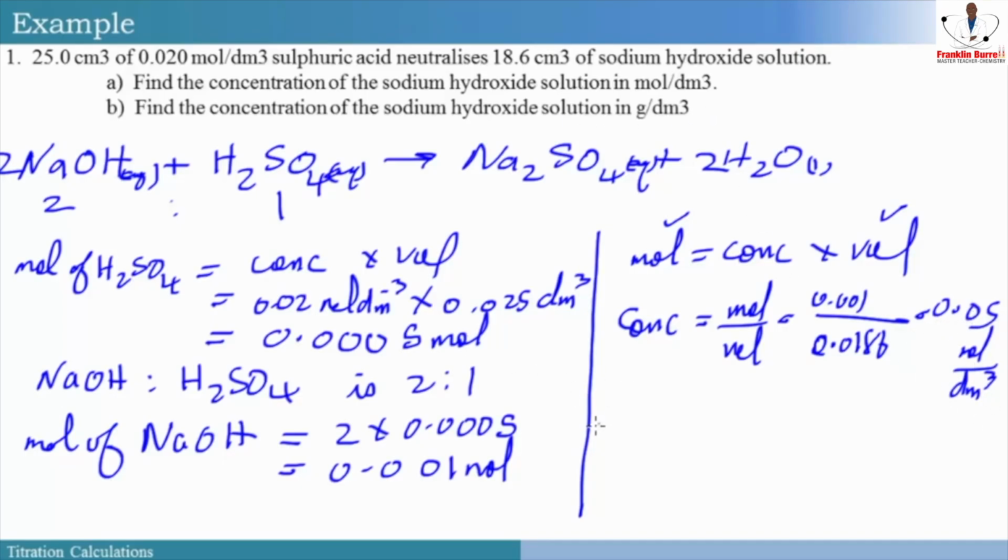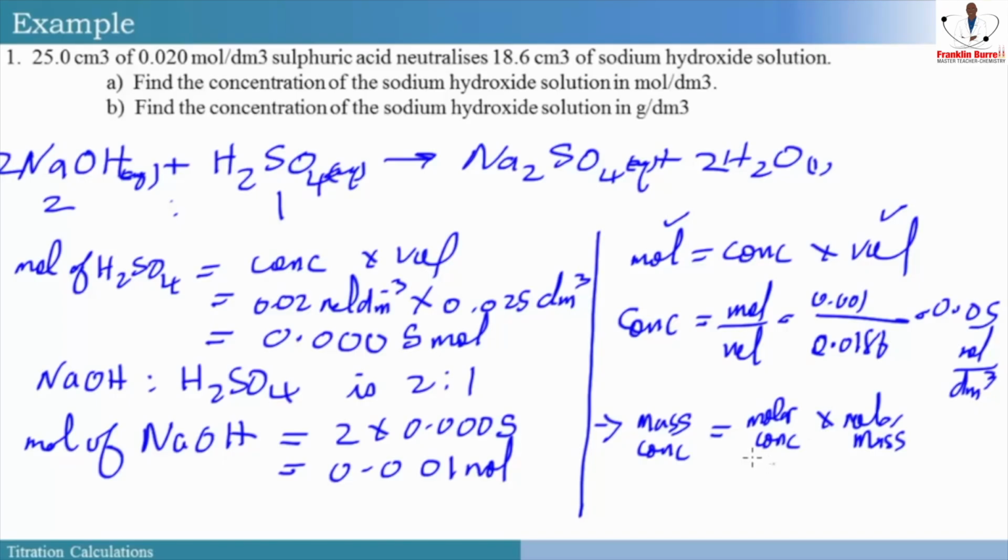So I can now find the mass concentration using this molar concentration and the molar mass of sodium hydroxide. So we will now say mass conc, which is the mass concentration, equal the molar concentration times molar mass.